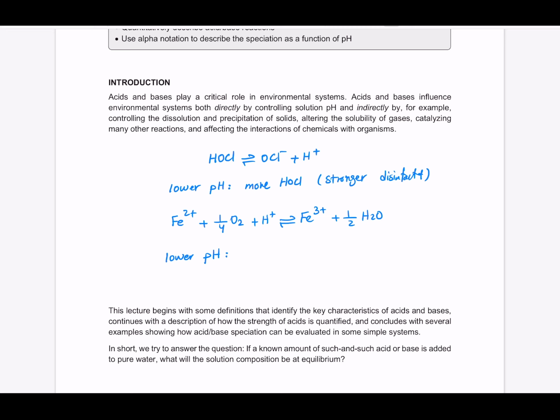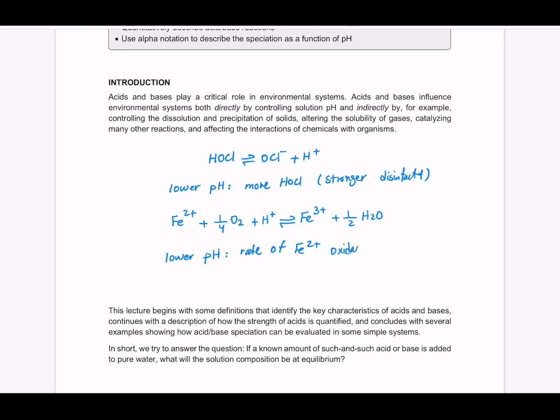Exactly. So lower the pH means higher the H plus. So it's basically more of the reactant kicking the reaction this way. So more Fe2 plus is converted to Fe3 plus. So the rate of Fe2 plus oxidation. So these are the technical terms that we're going to talk about later.